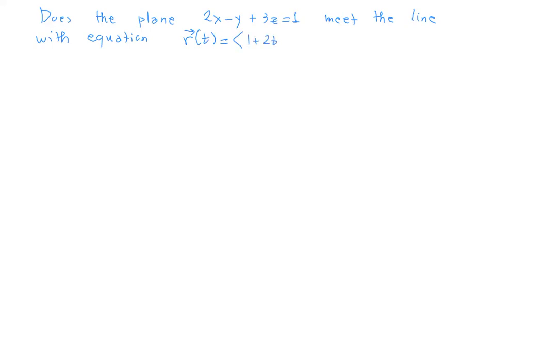So does the plane 2x minus y plus 3z is equal to 1 meet the line with equation r of t is equal to (1 plus 2t, 3 minus t, 2 plus 4t)? Okay, now this is a very interesting situation.